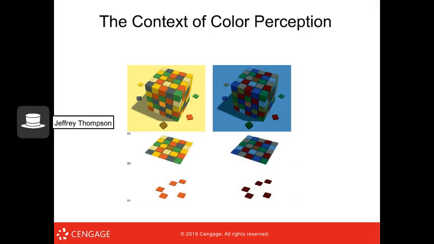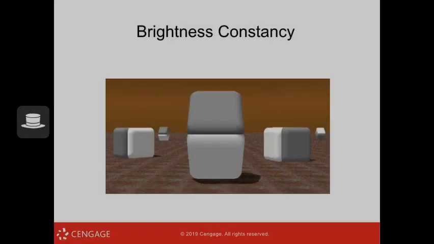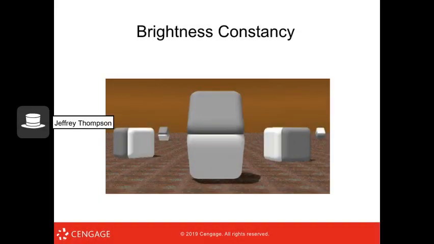So when we have context for an image, that's going to affect our perception of the colors in the image. You might see, as you lose more context, that the colors seem to change, although they actually are not. There's also what's called brightness constancy, where we have a perception of how bright something is.